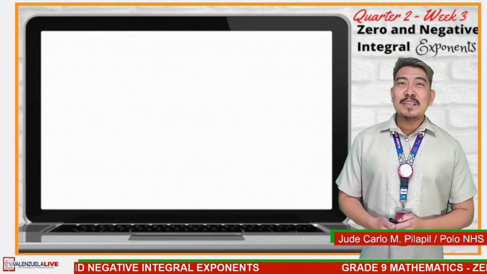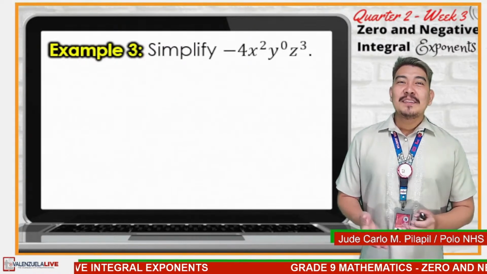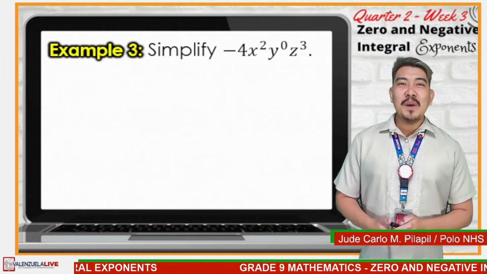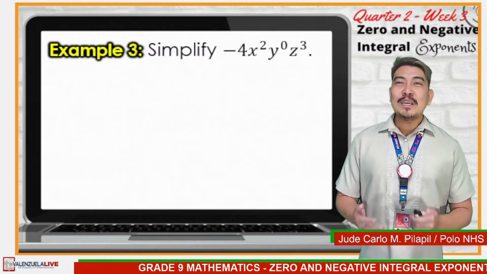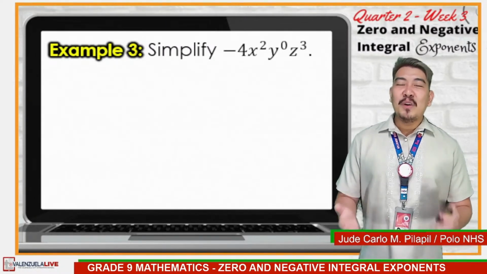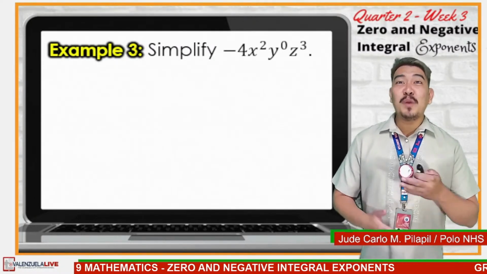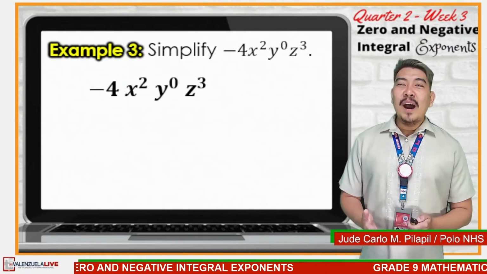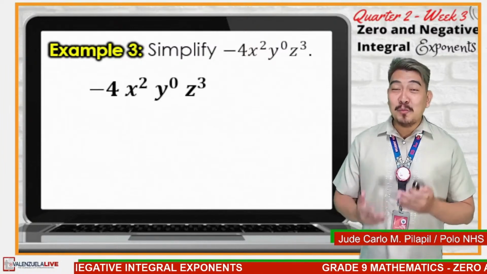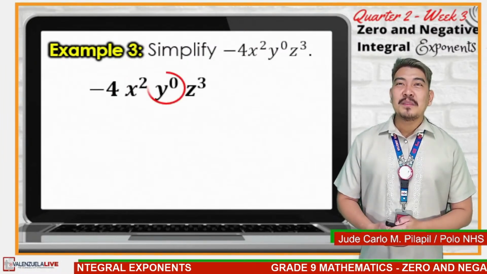Let us now proceed to example number 3. Simplify negative 4x squared, y raised to 0, z cubed. First, it is important to note the variable or the factor that is raised to the 0 exponent. In this example, y is the only factor or expression raised to 0.